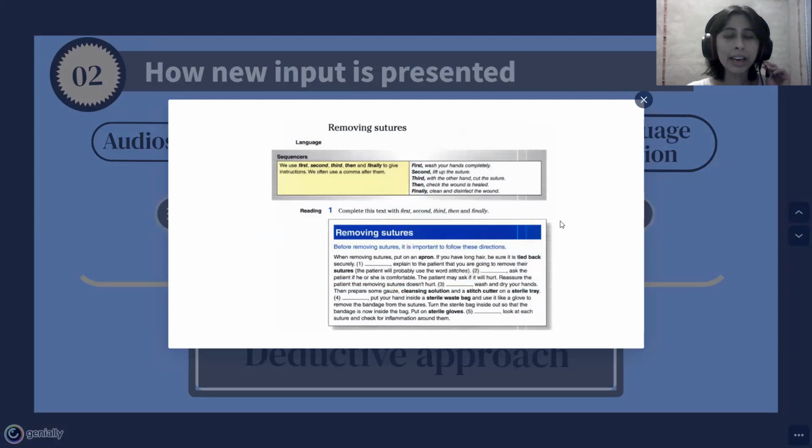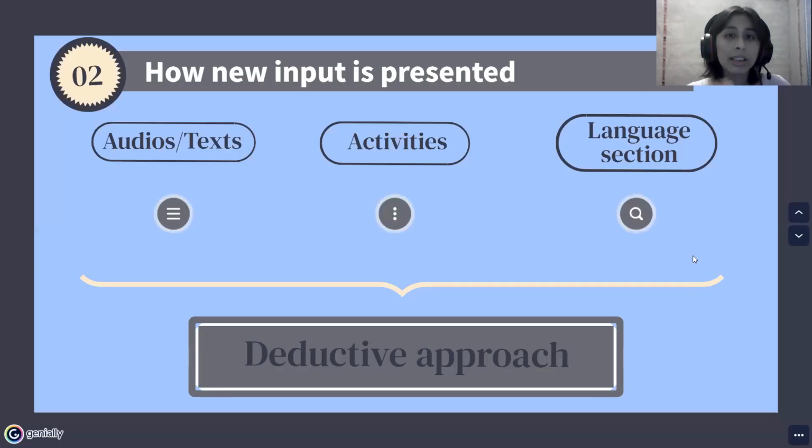Then I have also found that sometimes functions are presented with the grammatical explanation from the very beginning, and then they have to use that information to complete the activities. Again, there is no inference here. So as a conclusion, I can say that this course book has considered a deductive approach.